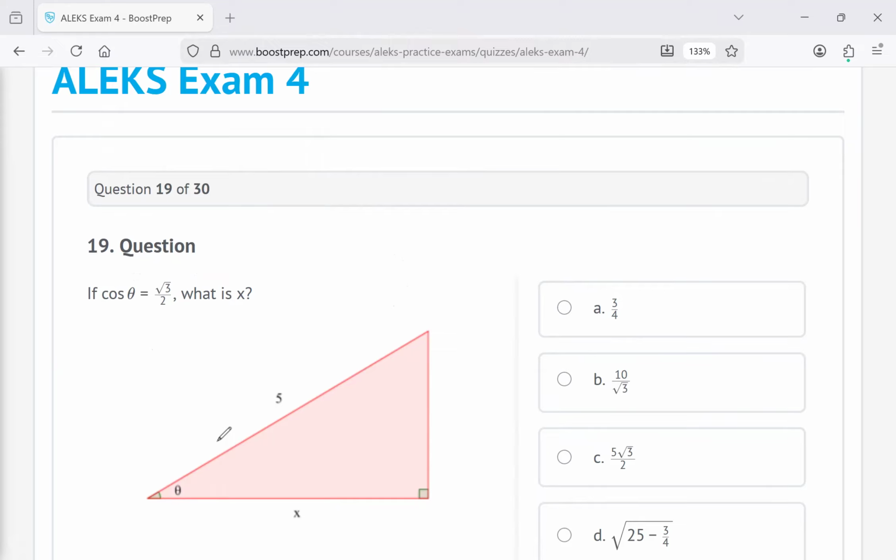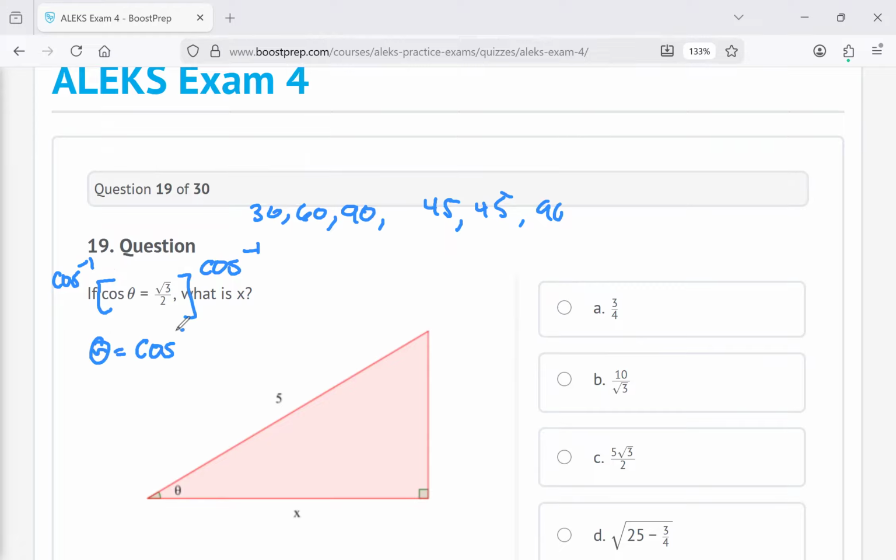Let's find theta. This is going to be very helpful. I think this is related to the 30, 60, 90 triangle or the 45, 45, 90. So if I want to solve for theta, I could get rid of this cosine by taking the cosine inverse, right? So theta is equal to cosine inverse of radical 3 over 2.